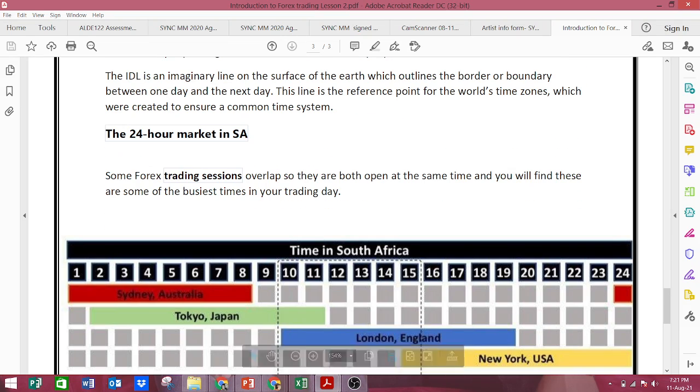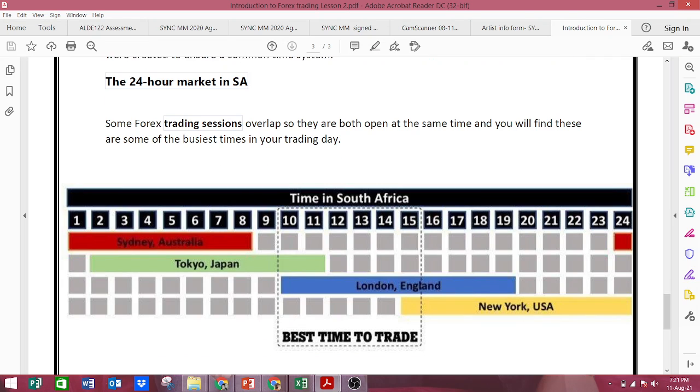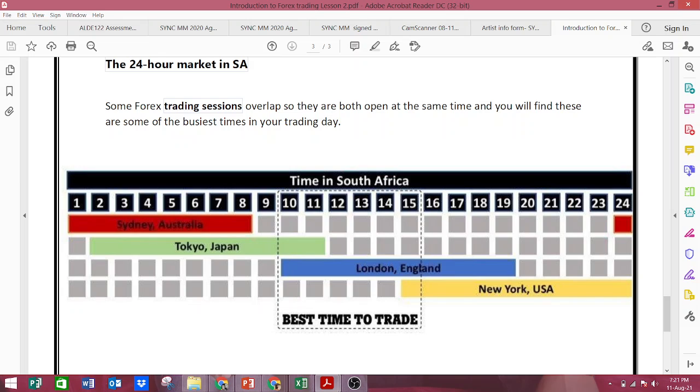Okay, so here we are looking at the table, the 24-hour markets in South Africa. Some forex trading sessions overlap, so they are both open at the same time, and you will find these are some of the busiest times in your trading day. So this is a 24-hour time slot. This is South African time.